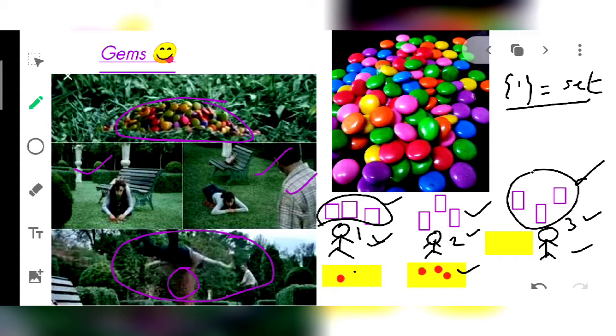And the person who does not find any colored Gems candies from the set of 3 Gems packets has the null set. This is the singleton set, and this is the null set.